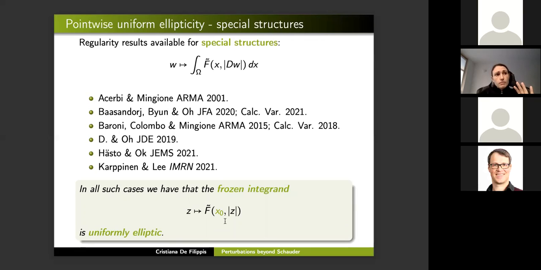Whenever you freeze them, you obtain something which perfectly behaves. So from the point of view of freezing and comparing, you have no problems at the level of freezing. The only slightly pathological behavior that you may see is at the level of comparison. So you just need to take care of this comparison issue, which is in general solved by means of getting some higher integrability, for instance, of Gehring type. This is enough for solving this kind of non-homogeneity at the level of comparison.